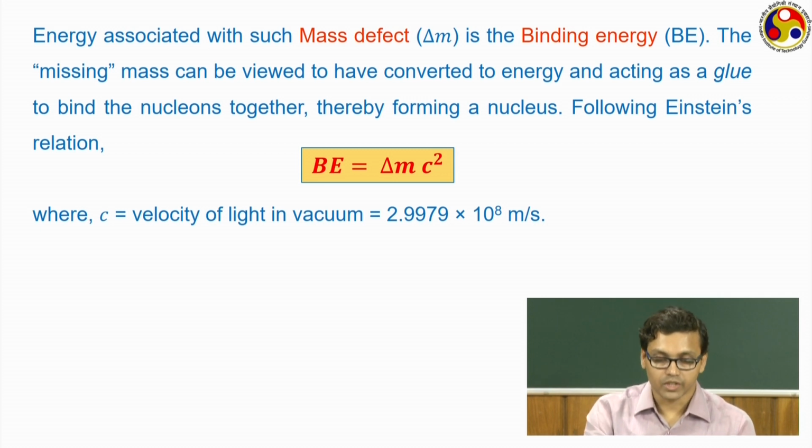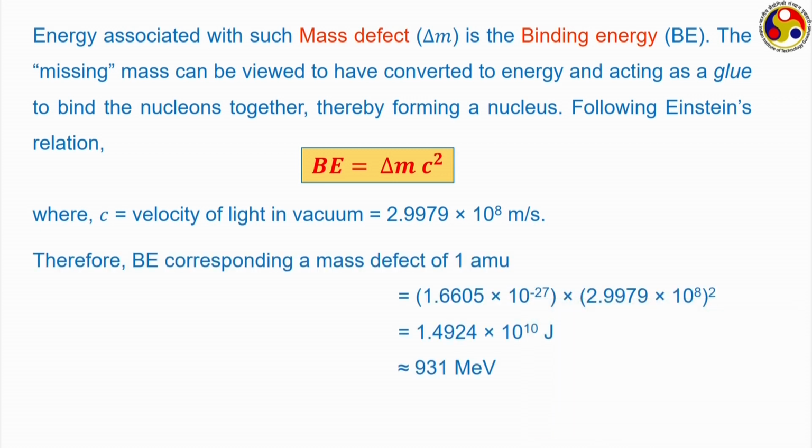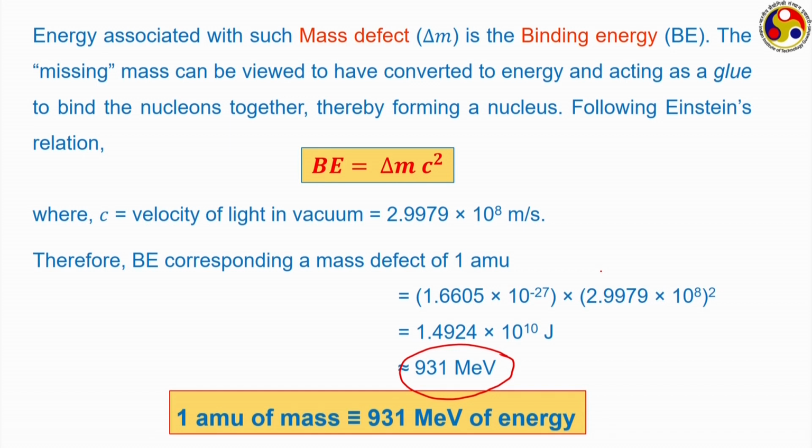Therefore, if we use delta m equal to 1 AMU and put the numbers in the earlier relation, we get that the binding energy corresponding to a mass defect of 1 AMU is equal to 931 MeV. Or we can safely say that 1 AMU of mass defect is equivalent to 931 MeV of energy.